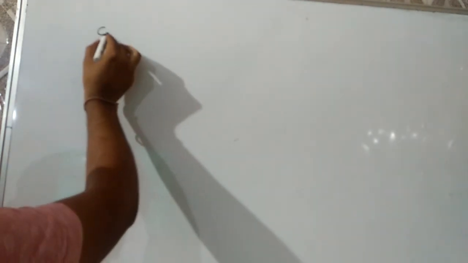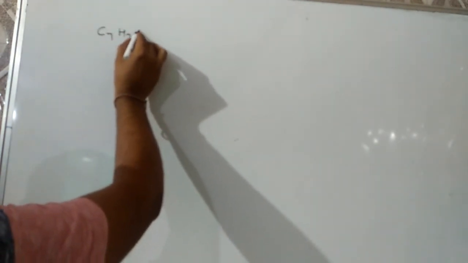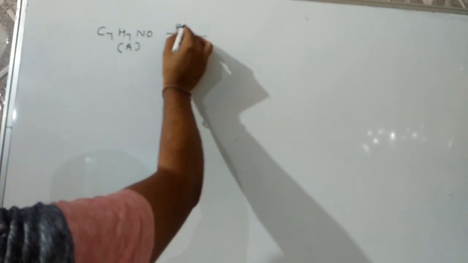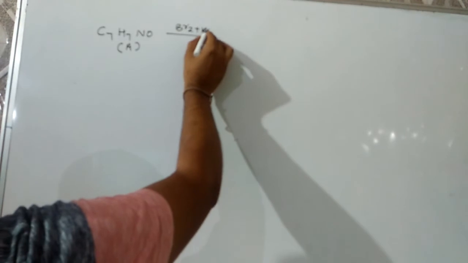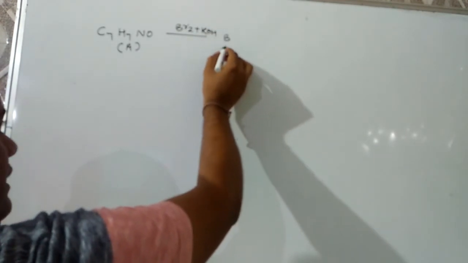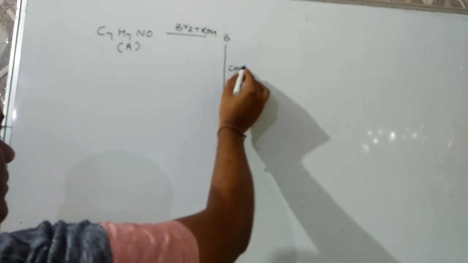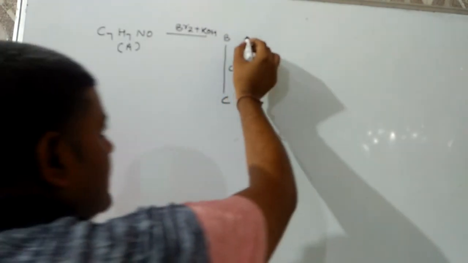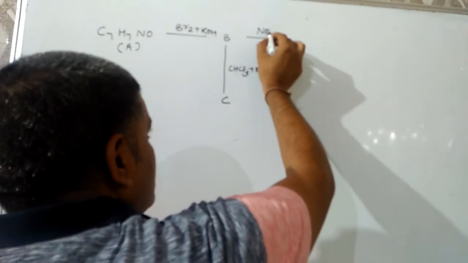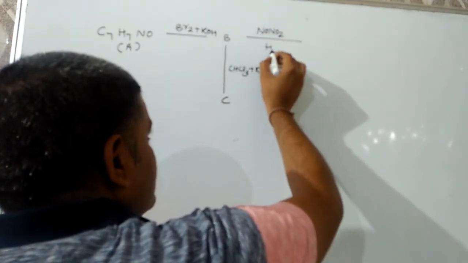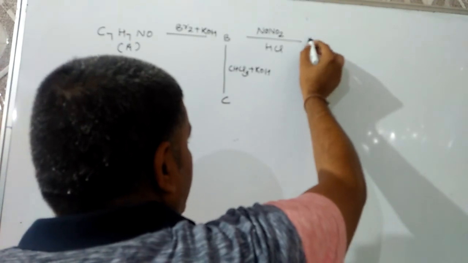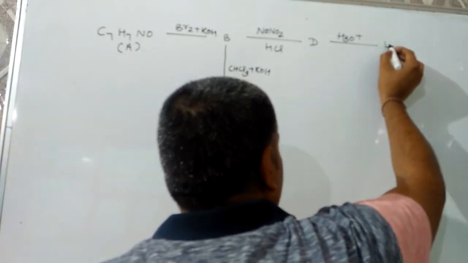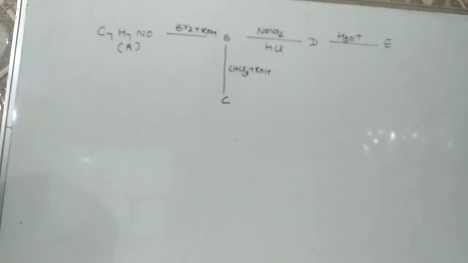C7H7NO is compound A, and that reacts with Br2 in presence of KOH to give compound B, and this B reacts with chloroform in presence of KOH to give compound C, and B can react with NaNO2 in presence of HCl to give compound D, and D on complete hydrolysis gives compound E. What are A, B, C, D here?